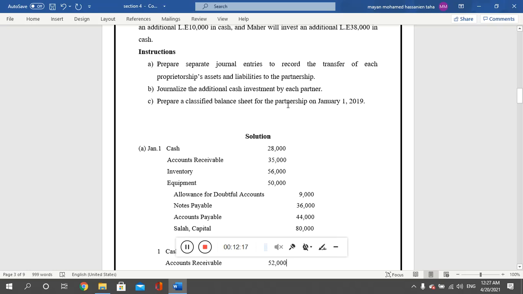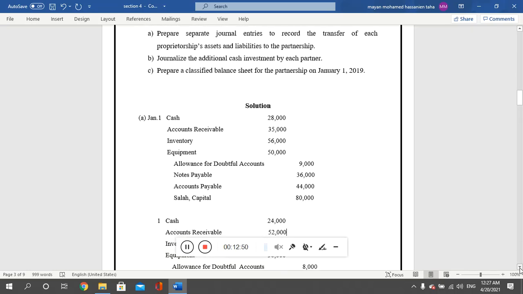Then we sum the asset side in the debit, and we sum the credit side, the liabilities and the allowance, and the difference between them will be Salah's capital. So Salah's capital will be $80,000.